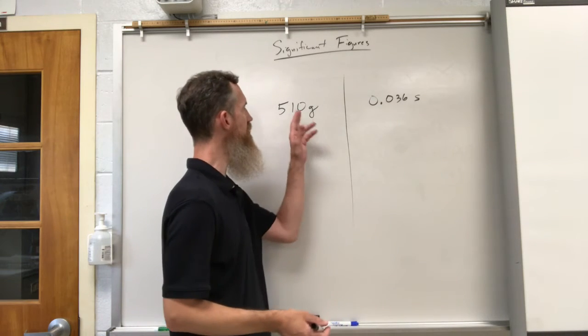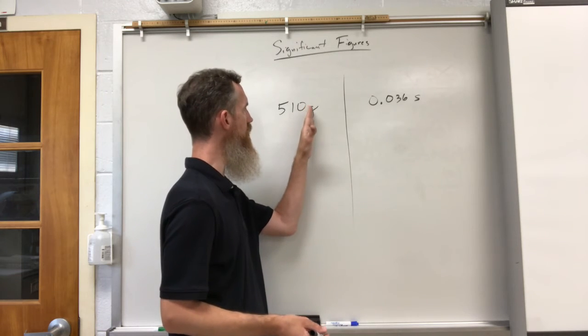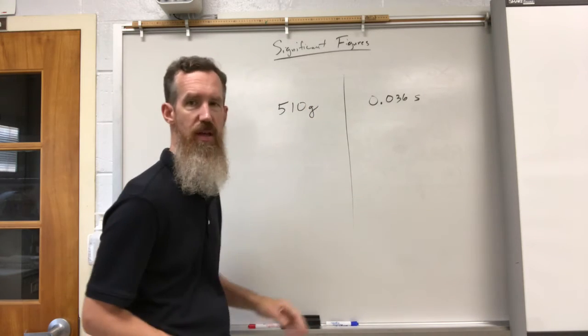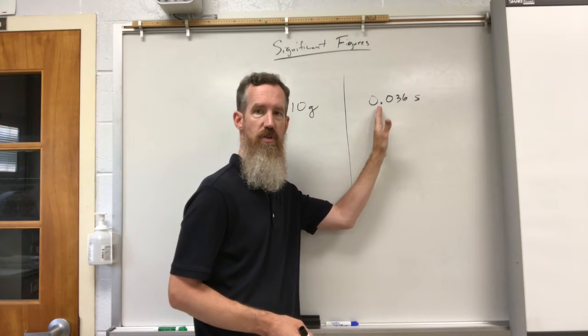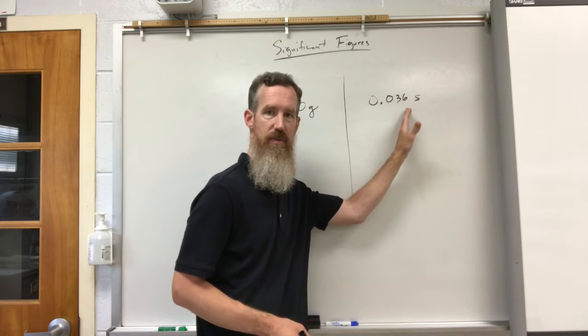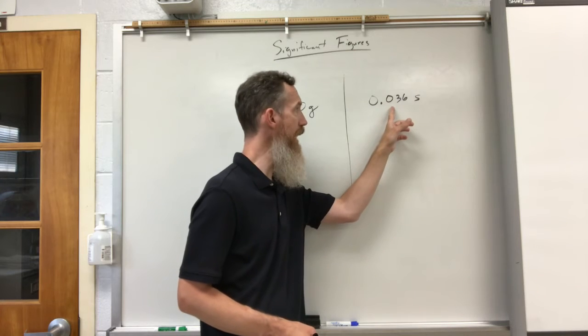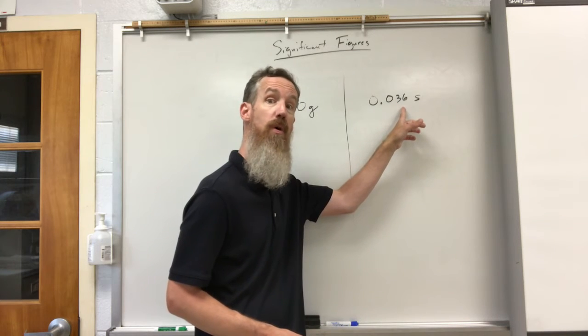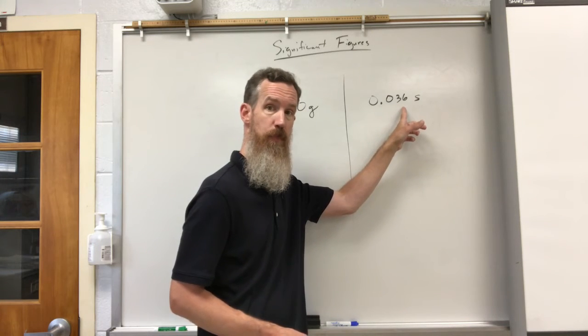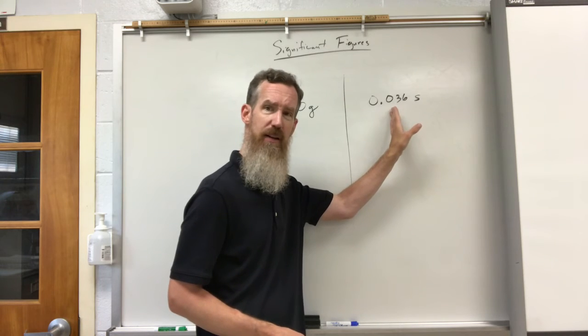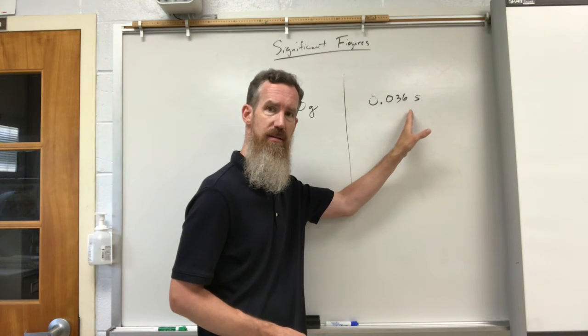Just like you can have zeros as placeholders in front of the decimal, you can have zeros as placeholders behind the decimal. So this thing happened so fast, we knew it happened between 0.03 and 0.04 seconds. And we thought it happened a little closer to 0.04 seconds than we could guess.